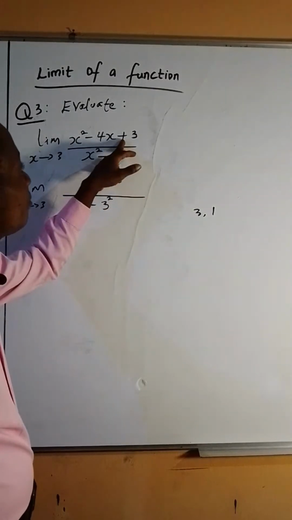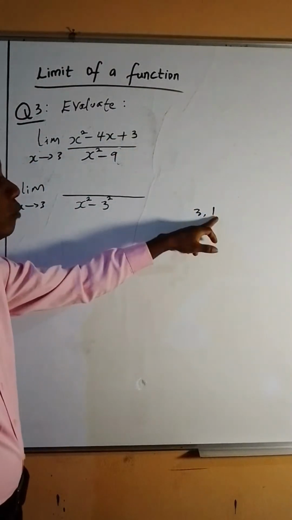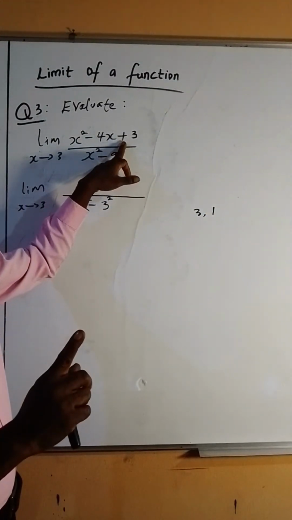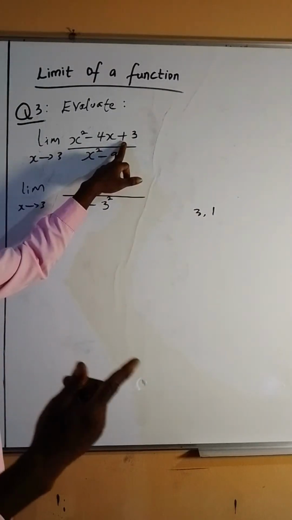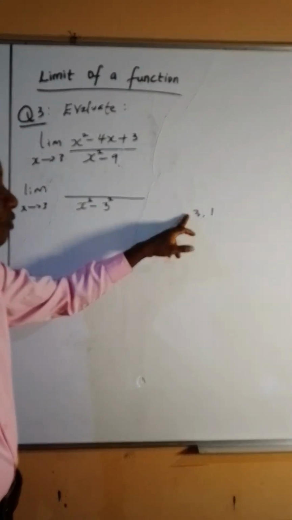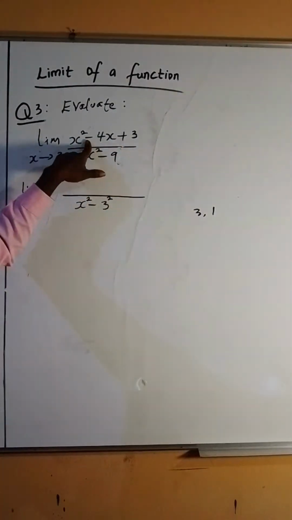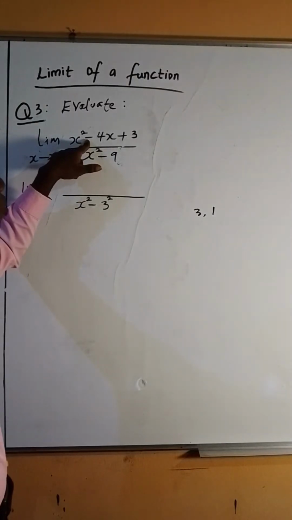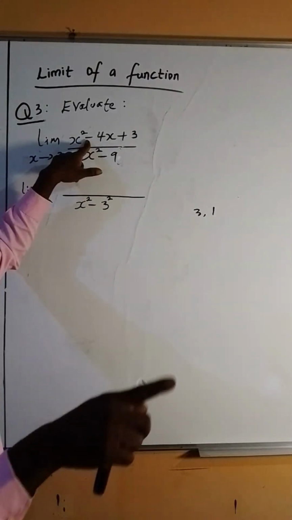So we have plus here. Plus means that the two numbers must have the same sign. It does not mean that they must both be plus; it can be plus and plus, or minus and minus. But how do I know which sign to put? I move to this place and you can see this is minus 4. So both of them are going to be minus and minus, because minus plus minus will give us minus.